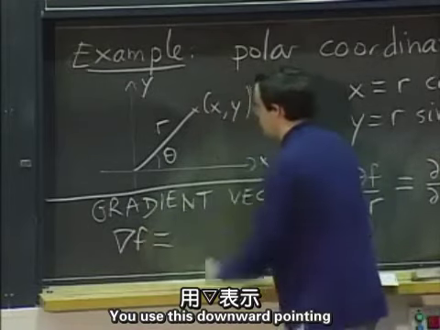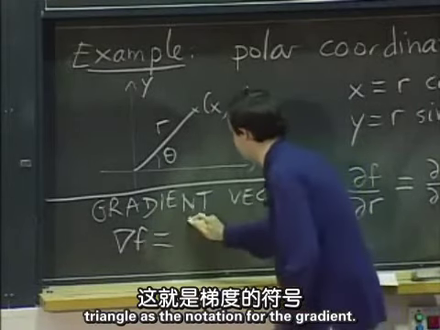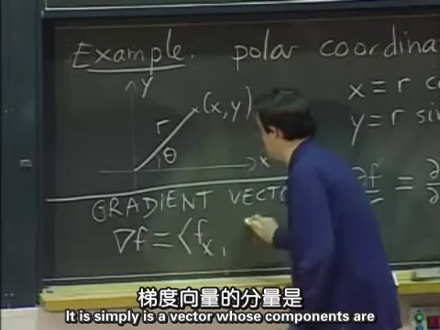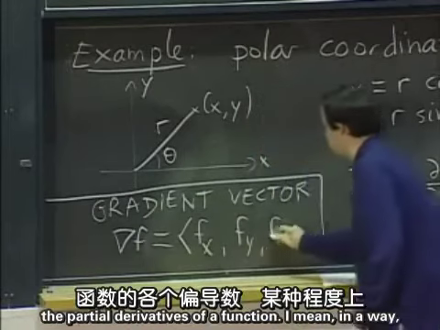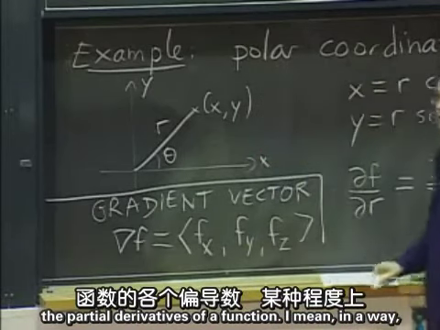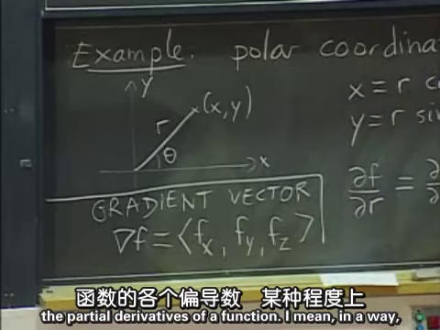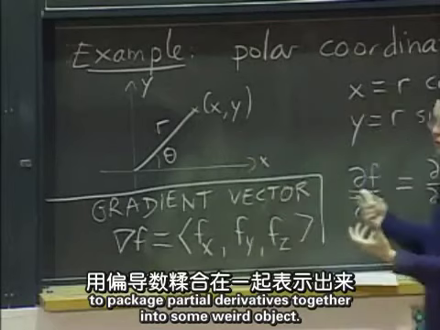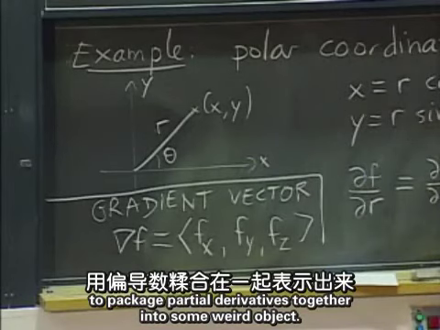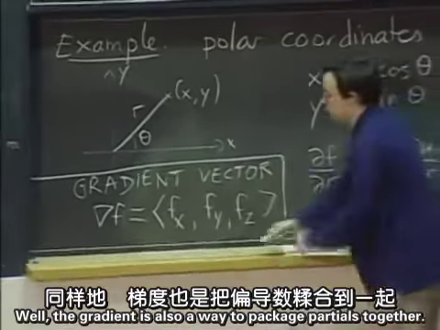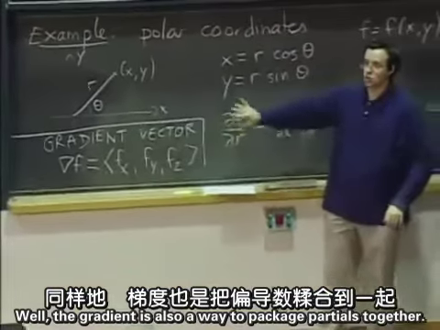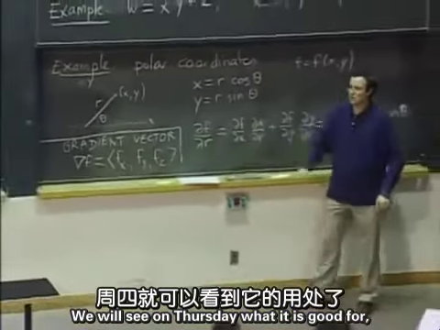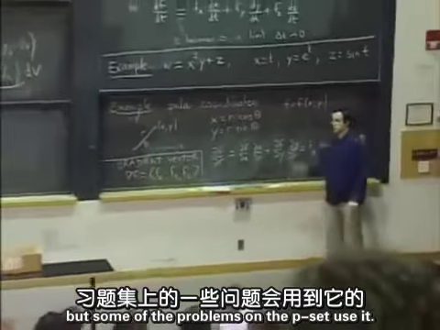You use this downward pointing triangle as the notation for the gradient. It's simply a vector whose components are the partial derivatives of the function. I mean, in a way, you can think of a differential as a way to package partial derivatives together into some weird object. Well, the gradient is also a way to package partials together. So we'll see on Thursday what it's good for, but some of the problems on the p-set use it.